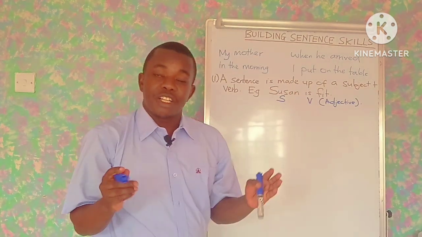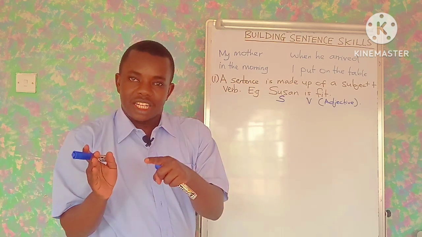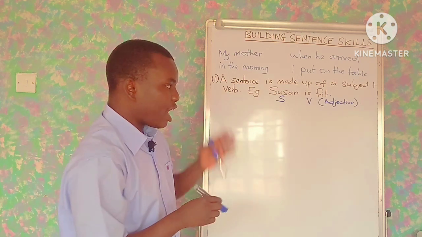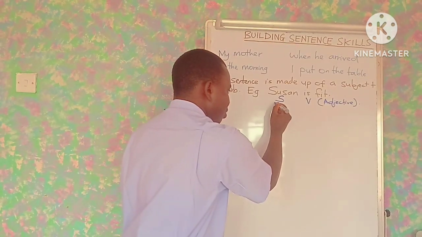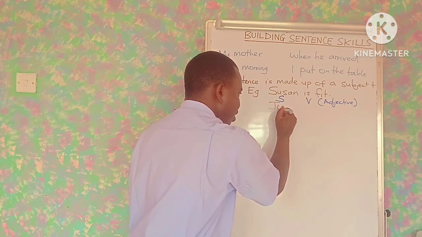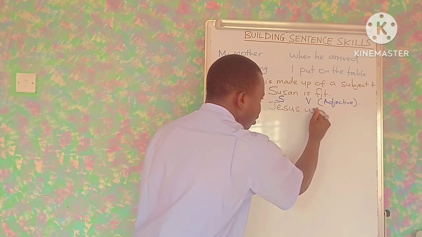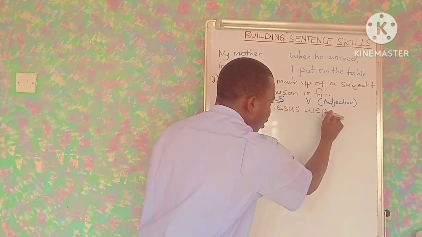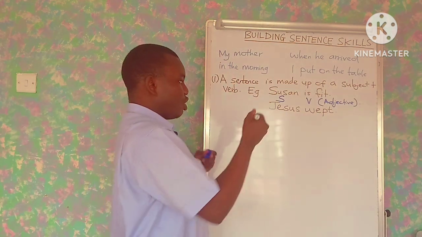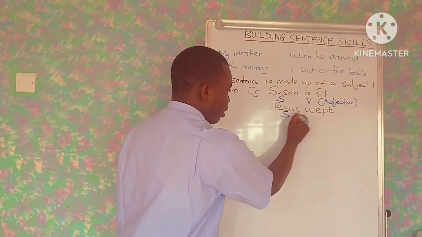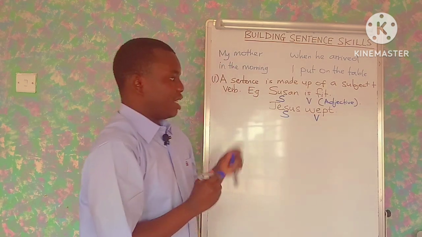There are other cases that we can only have a subject and a verb. Let's consider the shortest verse in the Bible. And that one is Jesus wept. So Jesus is a subject while wept is a verb.